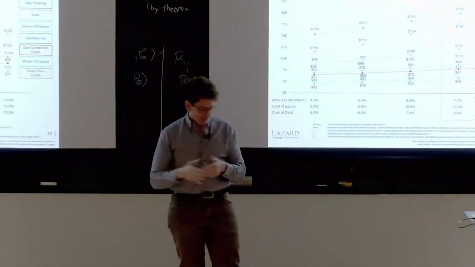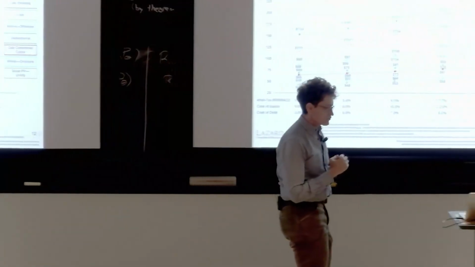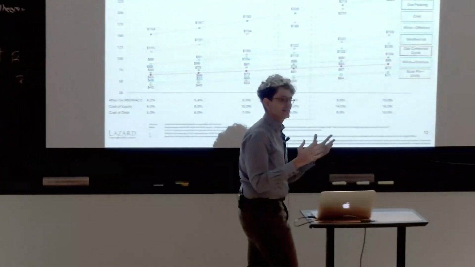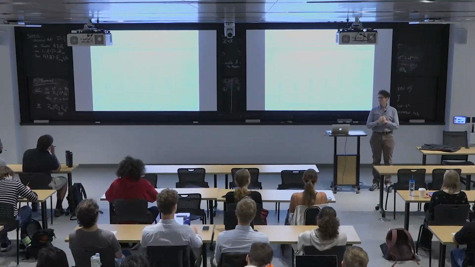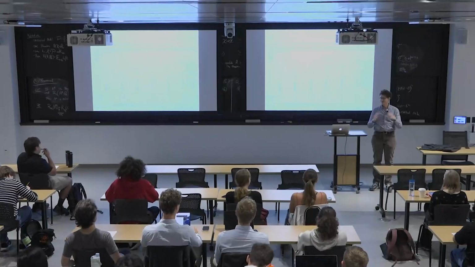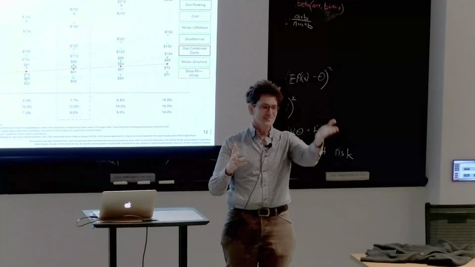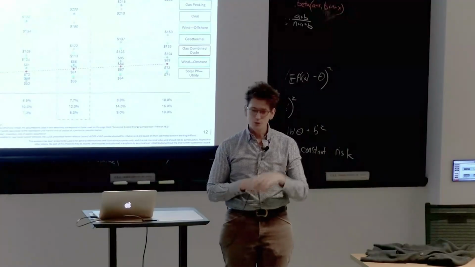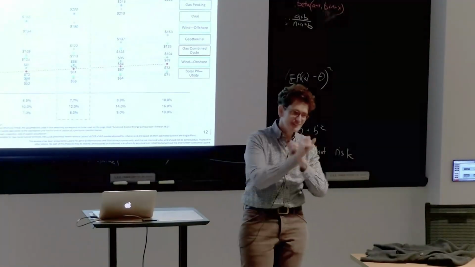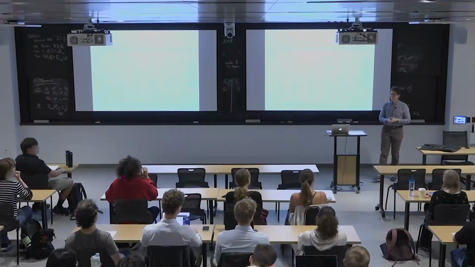So let me just ask the class, how much CO2 should we emit? Yes. Zero, ideally. Who agrees that ideally 0 is the right number? Define.